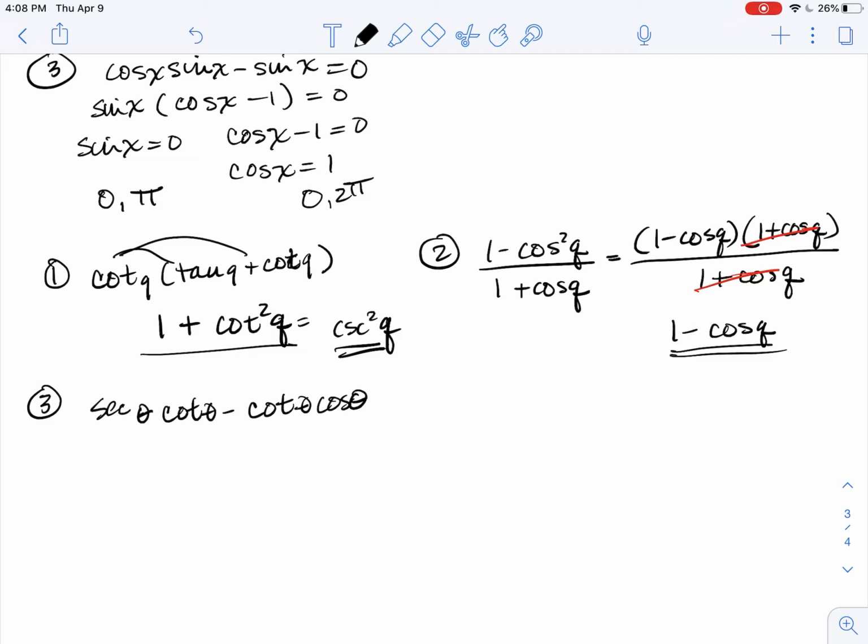Couple of things that we could do. We could factor a GCF. I don't know if that would help us or not. Or we can rewrite in terms of sine and cosine. So I think I'm going to go with my second option.